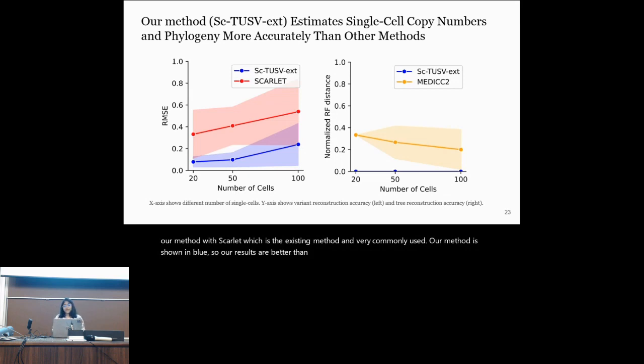On the right side, we have the normalized RF distance on the y-axis, which is a common tree comparison metric for evolutionary trees. And we compared our distances with MEDIC2 and saw better results as well. However, one thing to note is that the better result is because we are using different types of variants in one method.